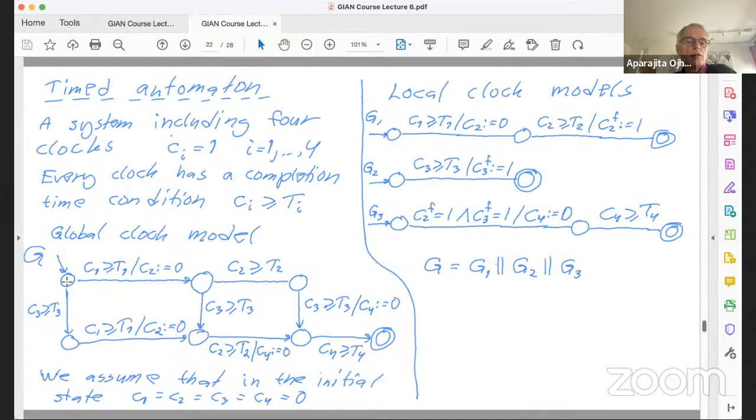But it could also be that C3 is longer, and then the first operation in the first system can be completed, and then maybe C3 will be completed, or even C2 can be completed before C3 is completed. So all these combinations are represented here.